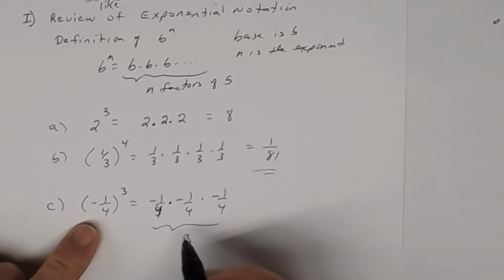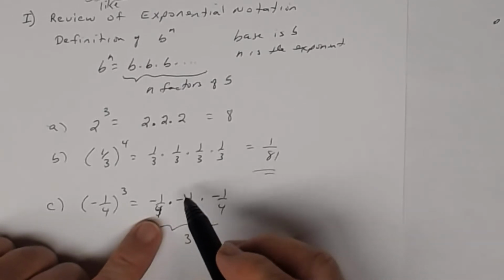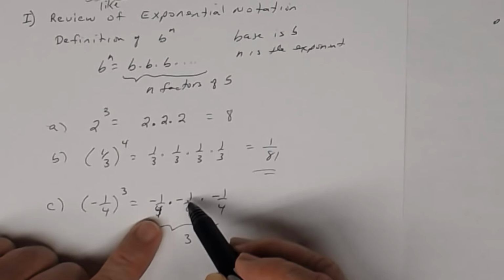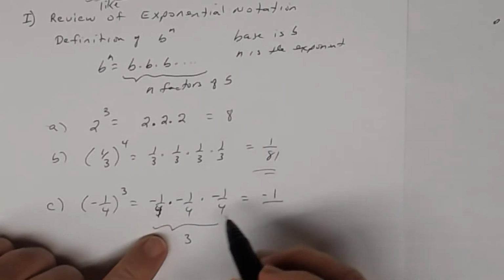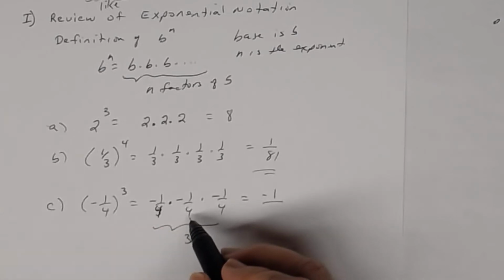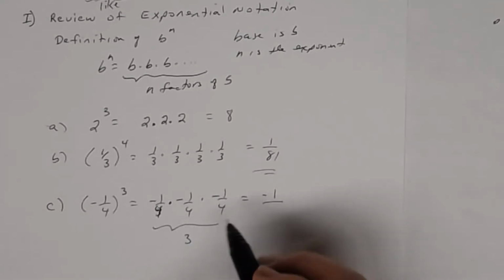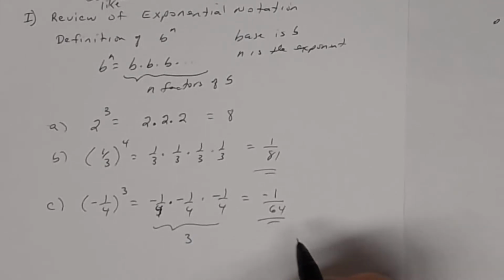That's 3 times. Multiplying this out, a negative 1 times a negative 1 is a positive 1, and a positive 1 times a negative 1 is a negative 1. In the denominator, 4 times 4 is 16, and 16 times 4 is 64. So the answer is negative 1 divided by 64.